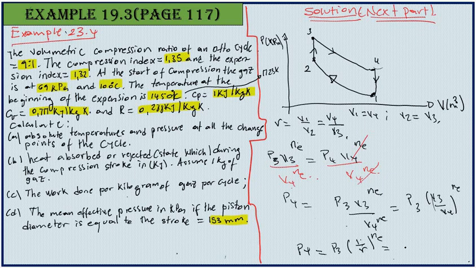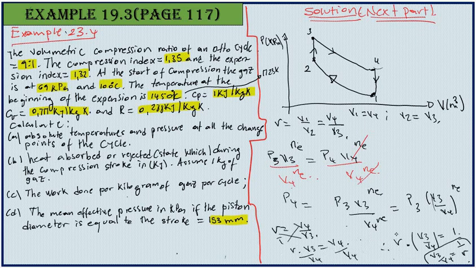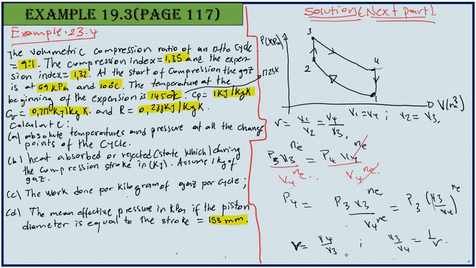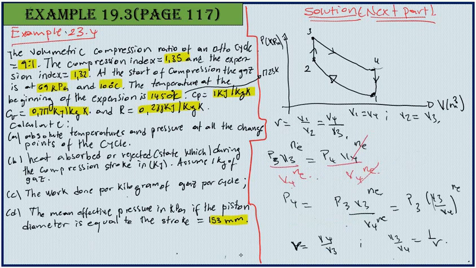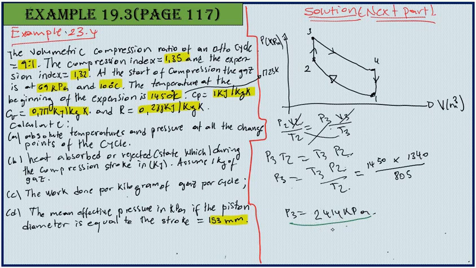If I work this out, I have P3 already, which is 2414.